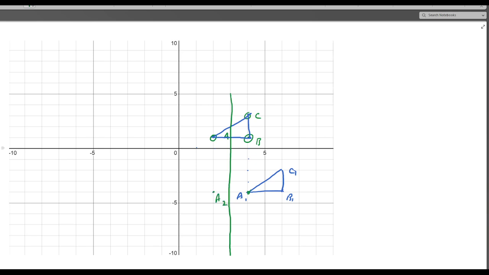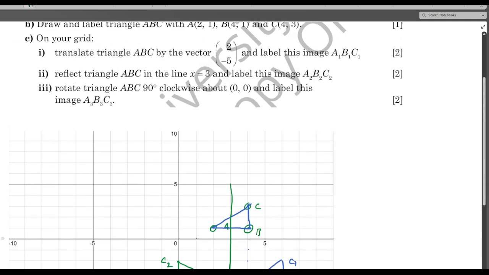This is your A2. Reflection of this B will be here. This is your B2, and reflection of C is 2 units up here. This is your C2. Now this is your triangle which is the reflection in line x equals 3.